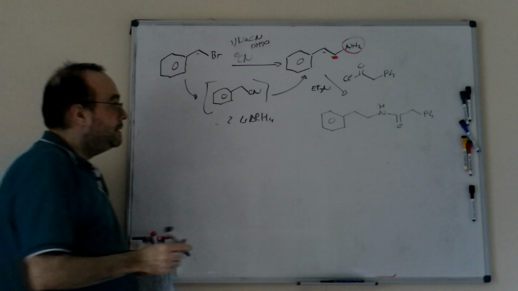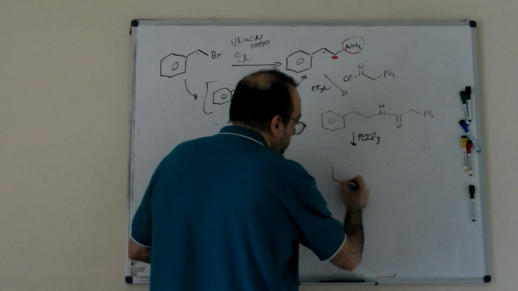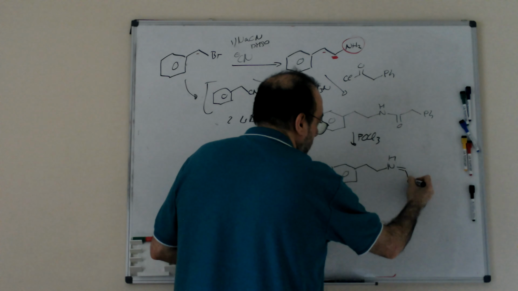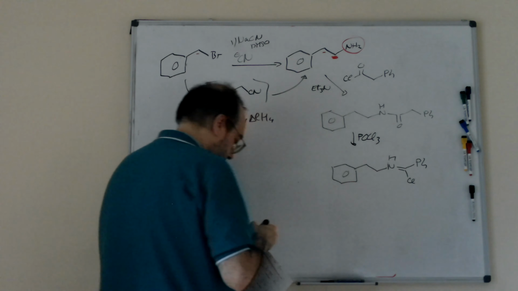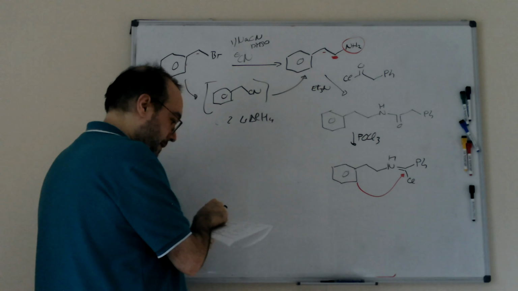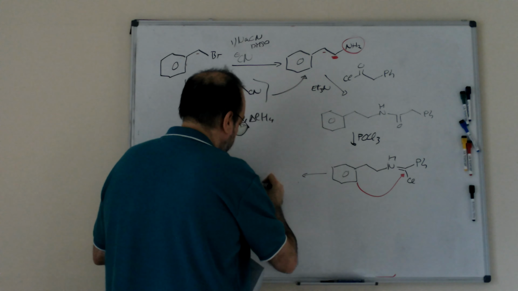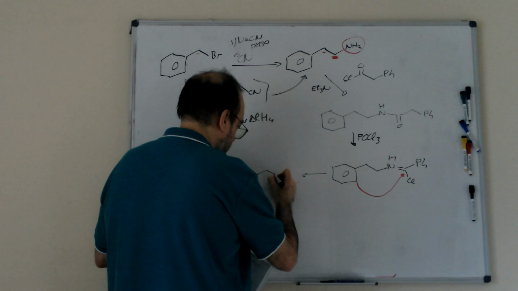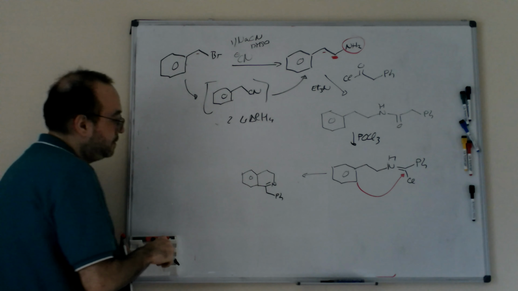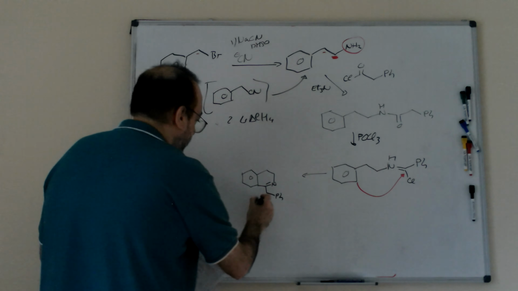Okay, and then we add POCl3. Basically, we are converting this compound to this, and then an intramolecular electrophilic aromatic substitution to generate this intermediate that is compound number 3D.